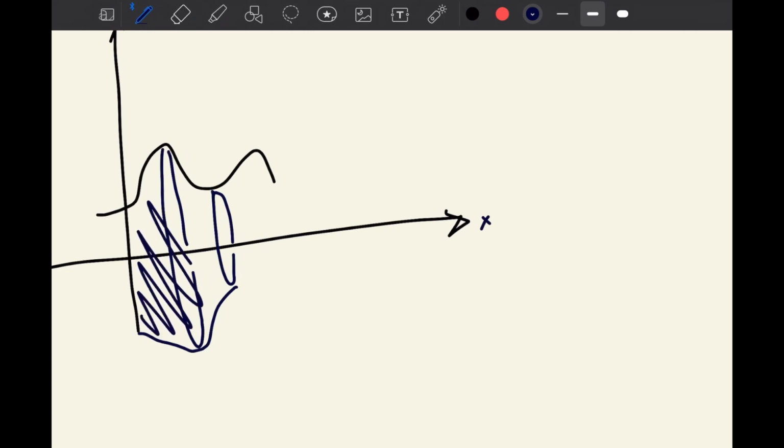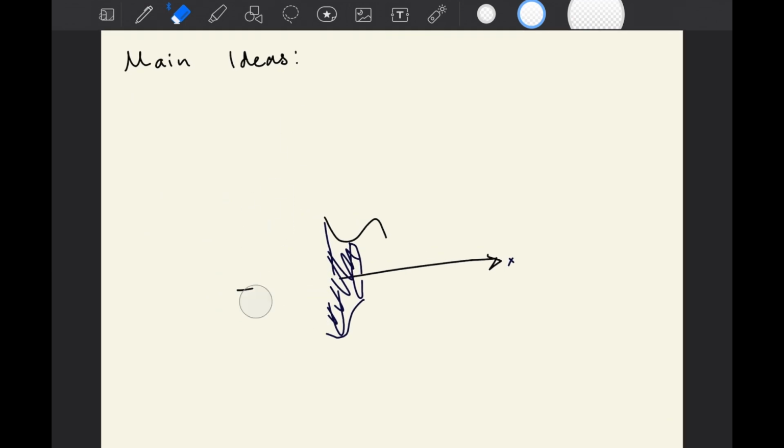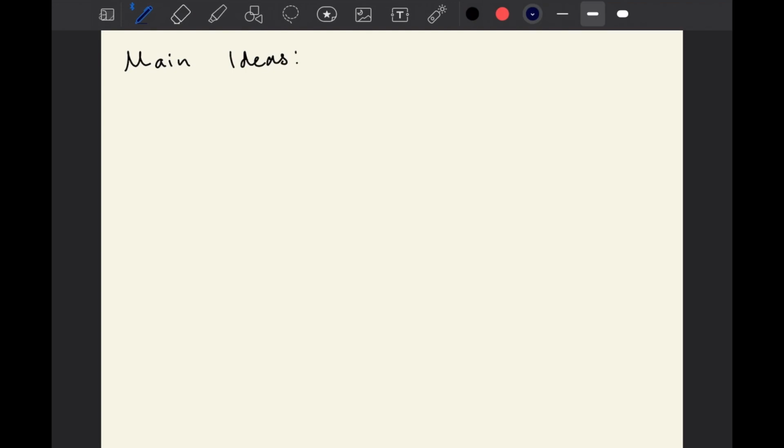And then this volume right here is what you'll be trying to find. You can rotate functions around other boundaries, and also around other functions, but here I'll just be focusing on rotating functions around the x and y axes.